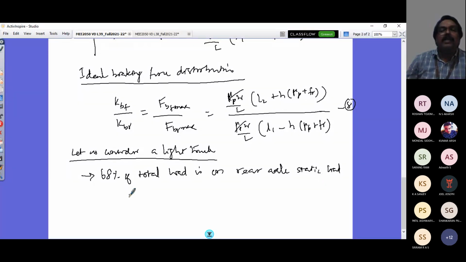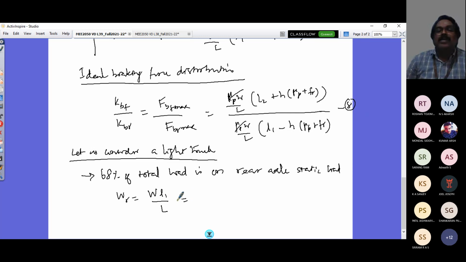So what does that mean? WR would be, from the free body diagram, as there is no acceleration or deceleration, given by W L1 by L. From the simple free body diagram, one can get it.